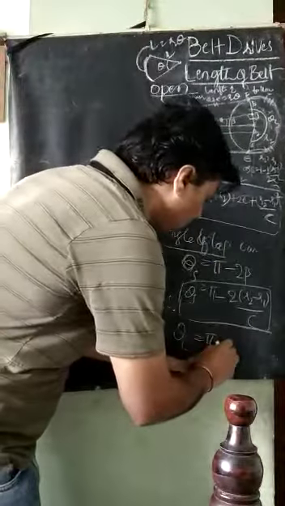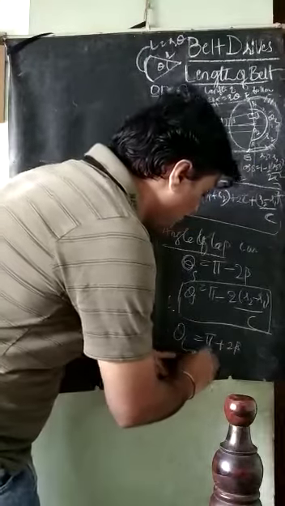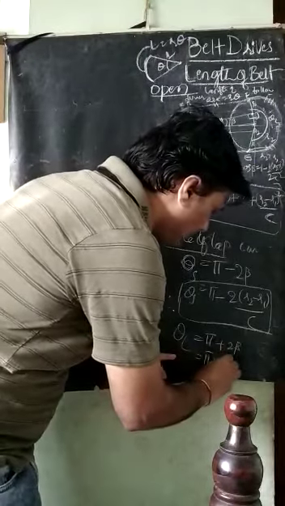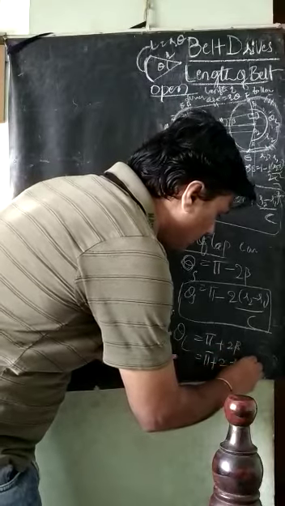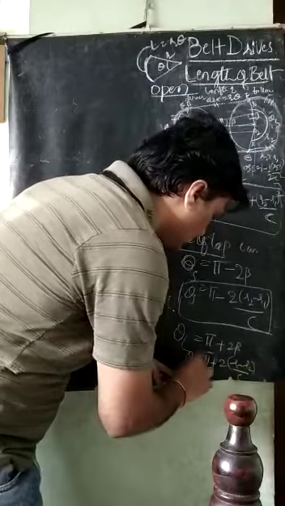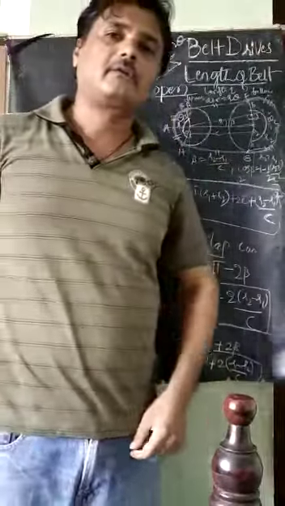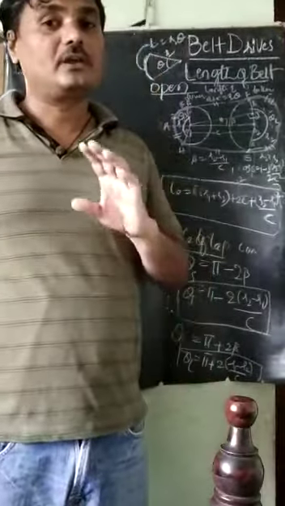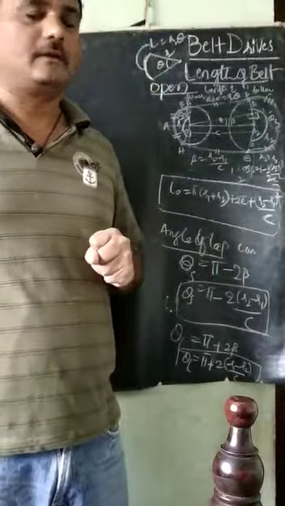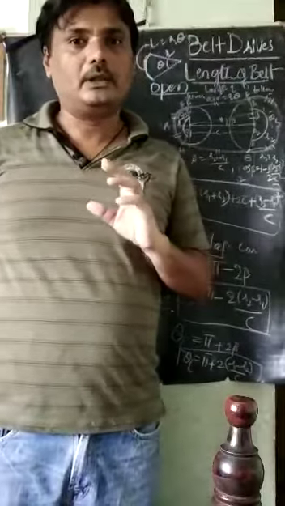So it is plus 2 times beta. So this is equal to pi plus 2 times (R2 minus R1) divided by c. It is theta L, the angle of lap or angle of contact on the larger pulley. So these are the two relations I have derived.